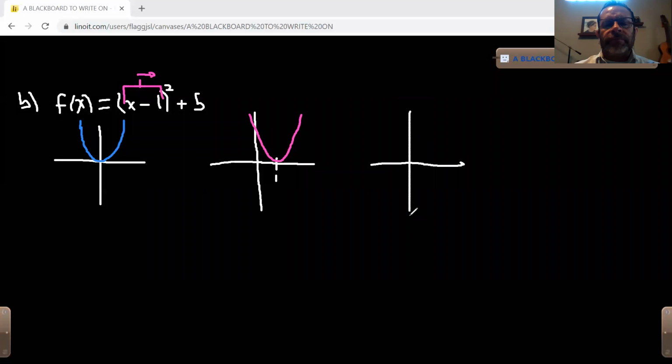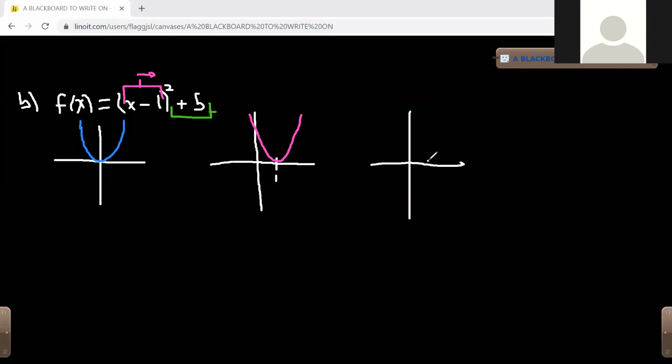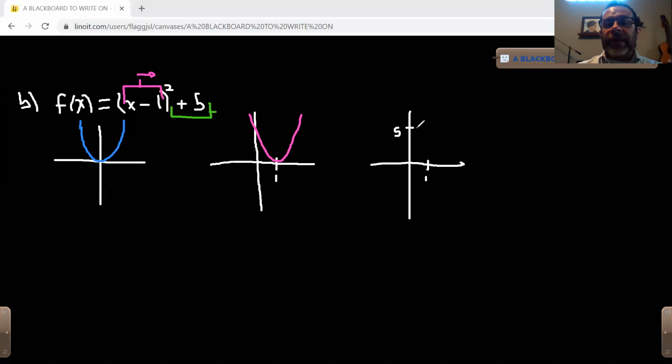And now let's see what else is happening. Now we've got another section here, this +5. What does this +5 generate? It shifts 5 units up. Correct. Very good, Andrea. It's a +5 and it's outside the power function, so it's shifting 5 units up. And that gives us a new reference point.